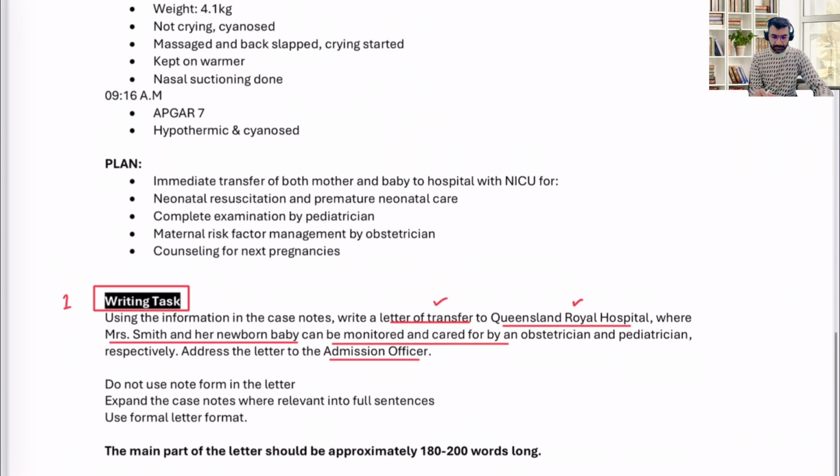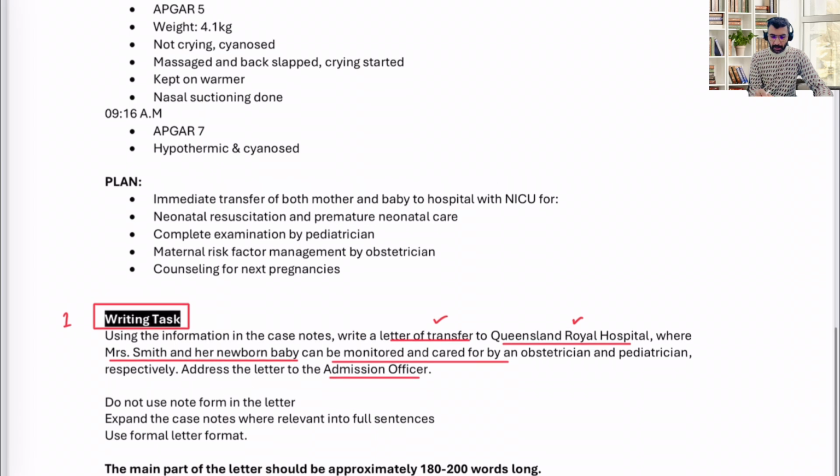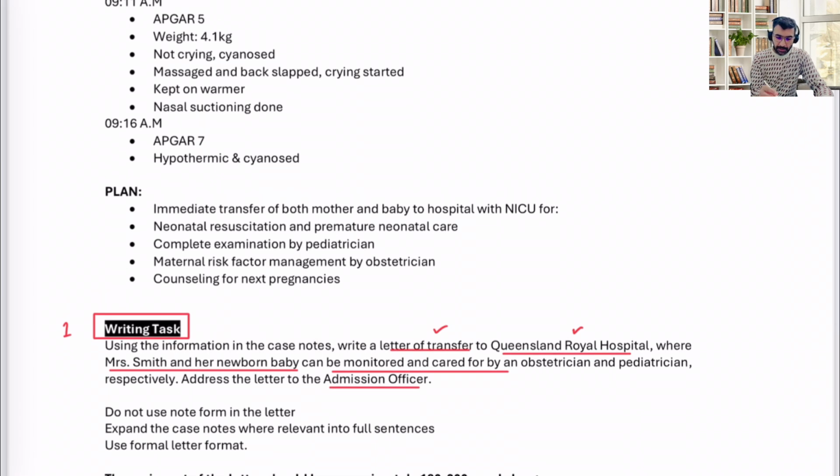After the writing task, we will go through this plan. In the plan: immediate transfer of both mother and baby to a hospital with NICU care, neonatal resuscitation and premature neonatal care, complete examination by a pediatrician, maternal risk factor management by an obstetrician, counseling for next pregnancies.